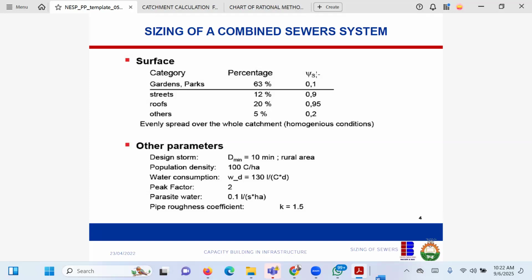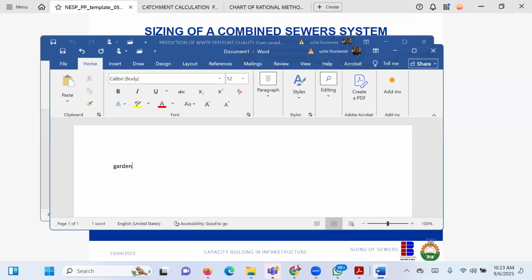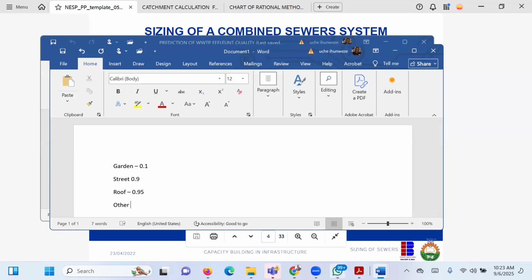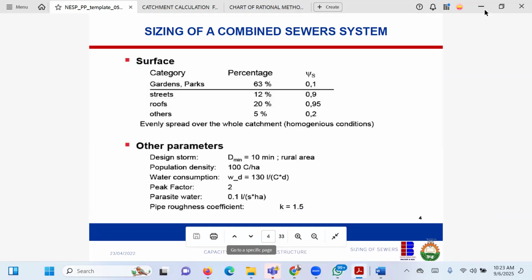Because if you check the mean, okay, let us take the mean of this. Let's take the mean. For instance, we have gardens. Garden is 0.1. We have streets, 0.9. We have roof, 0.95. Just watch me. Then we have others. Others is 5%.